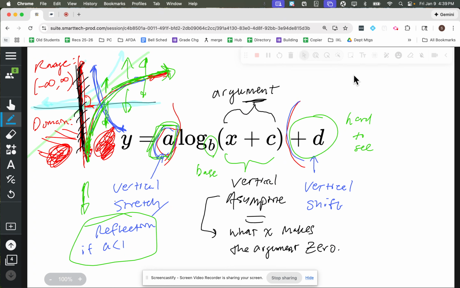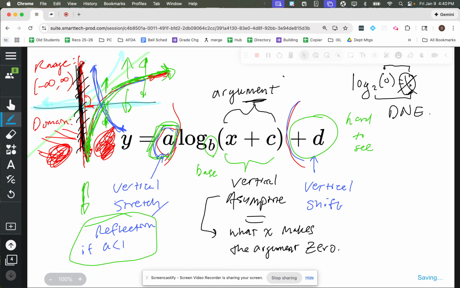We talked before about how this is impossible. 2 to what power? What power can you assign to a 2 that will cause it to be 0? It does not exist. And that's why you have this border that is like a wall that x may not touch. Okay? So that's the theory.